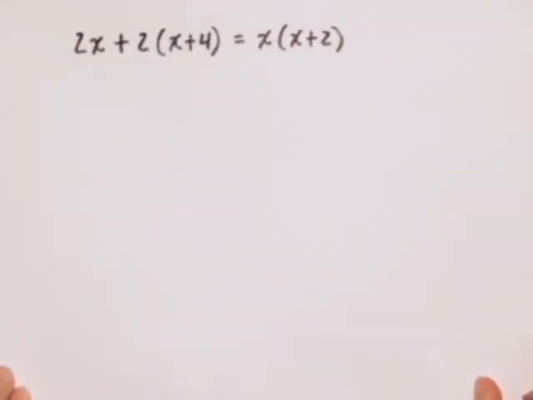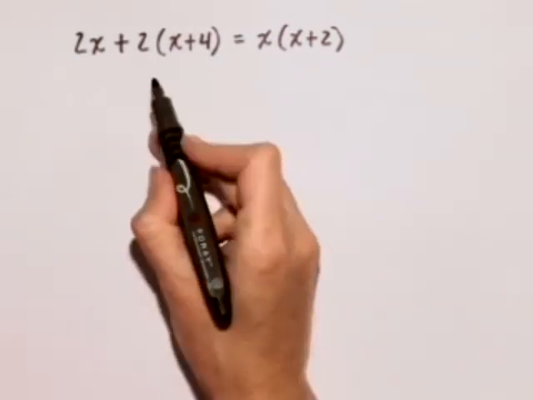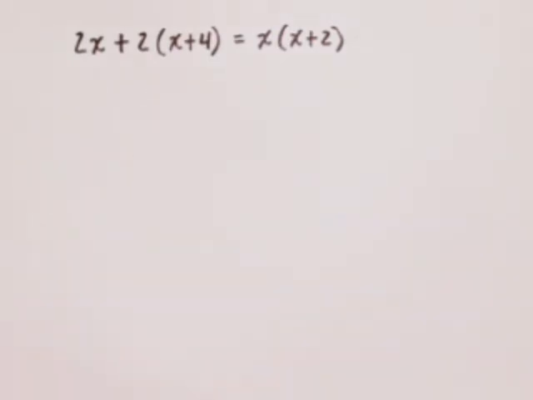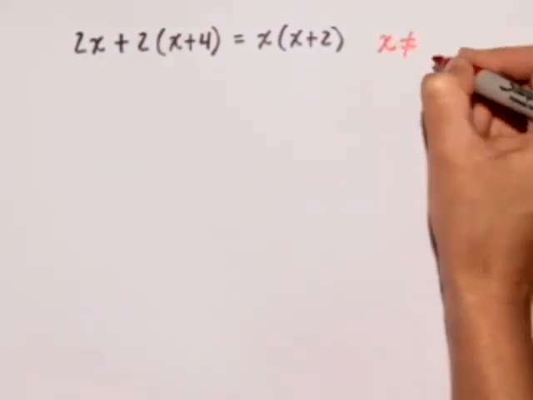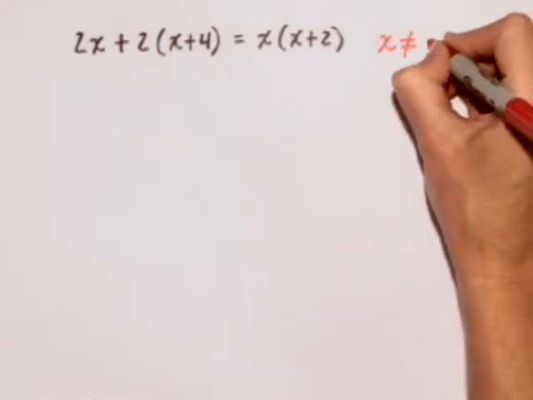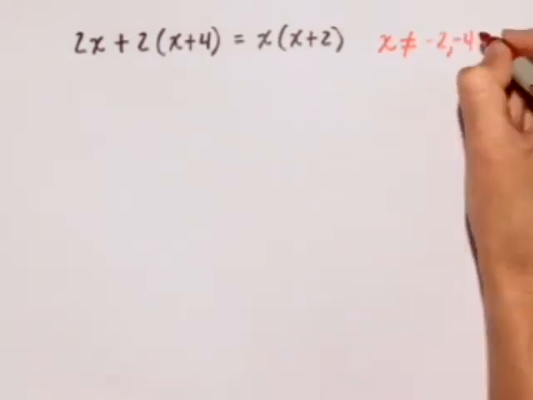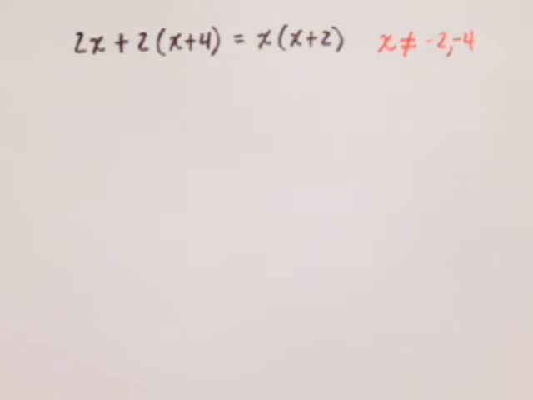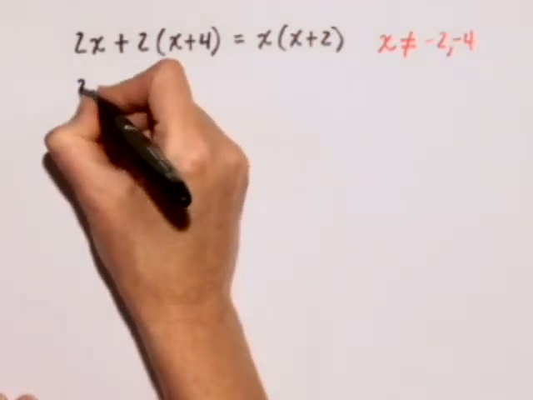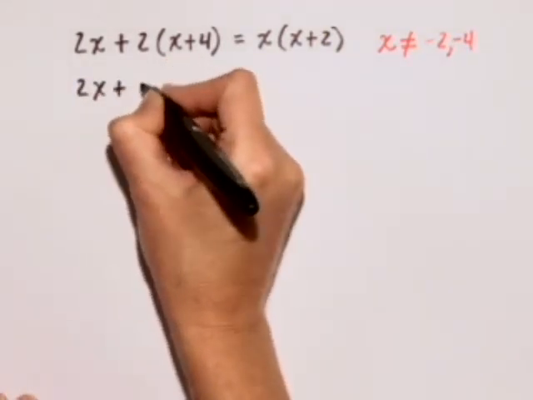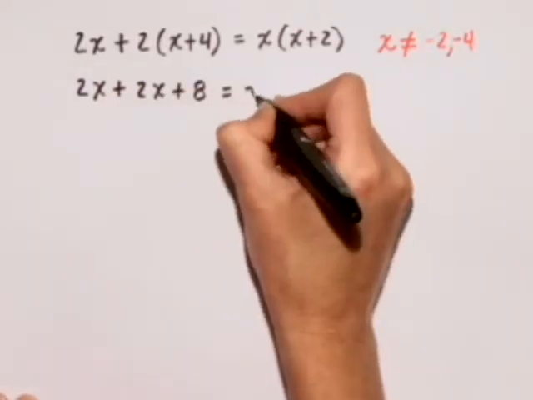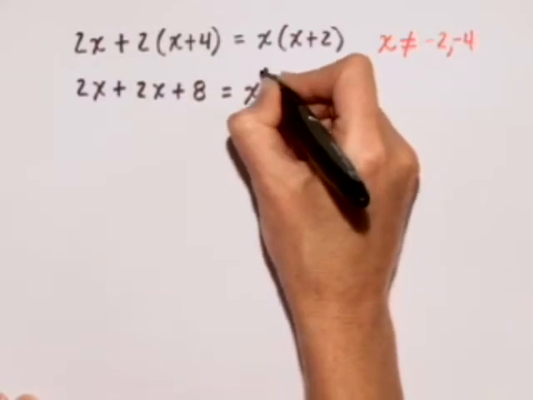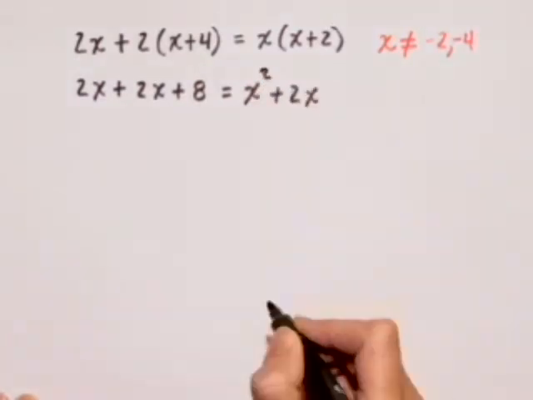So here's our equation. 2x plus 2 times the quantity x plus 4 equals x times the quantity x plus 2. And remember, just as a reminder, we decided in our first step that x could not be equal to negative 2 or negative 4. So let's distribute, and we have 2x plus 2x plus 8 is equal to x squared plus 2x.